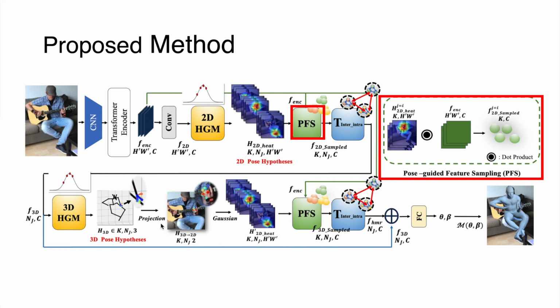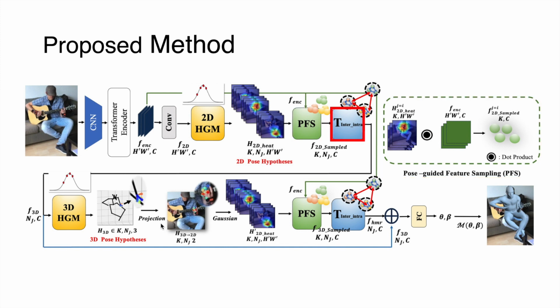Then, in the pose-guided feature sampling, we conduct a dot product between the 2D heat map and extracted image features to obtain localized joint-centric features. These features will further go into an inter-intra-joint hypothesis transformer to capture the inter and intra correlations of the sampled features.